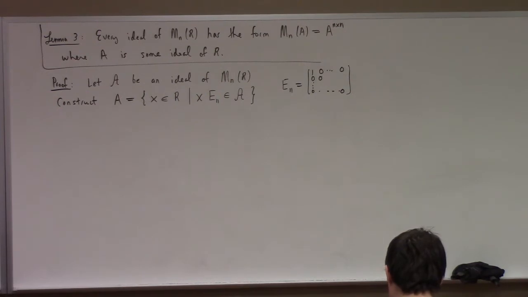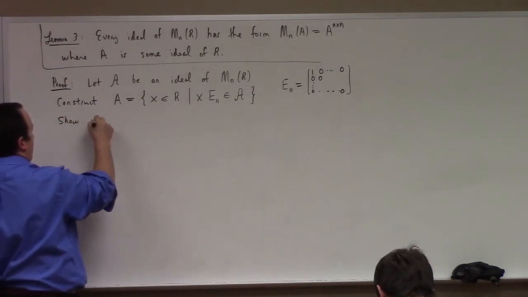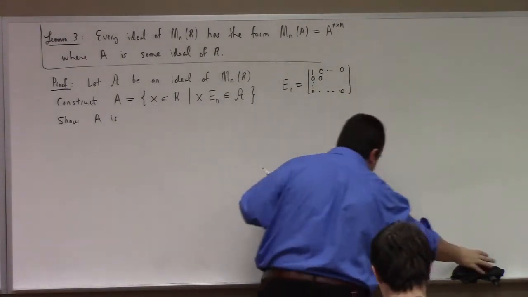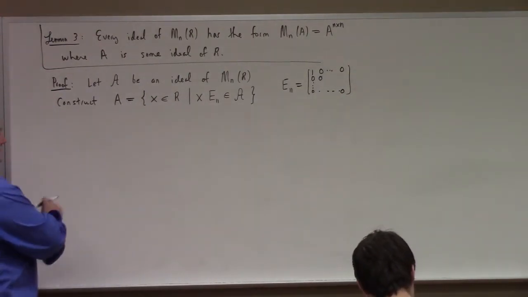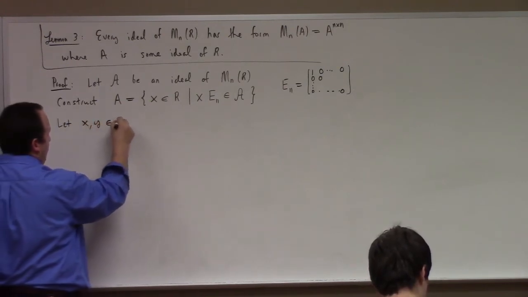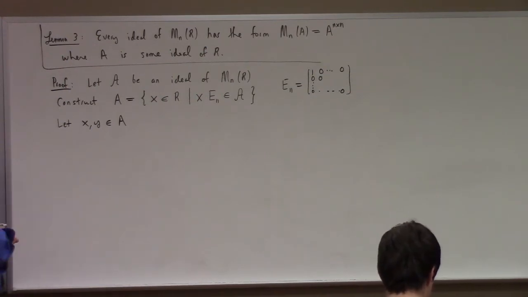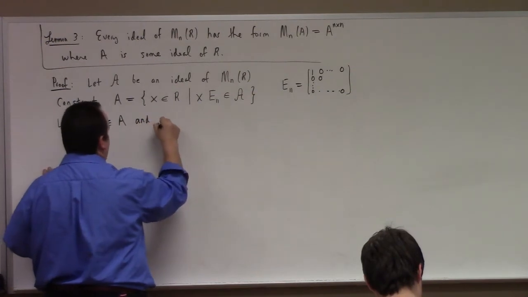Now, the initial claim is that this is an ideal. Let's prove that this is an ideal. Well, how do we show something's an ideal? We should let x and y be in A, and let R be in the ring.